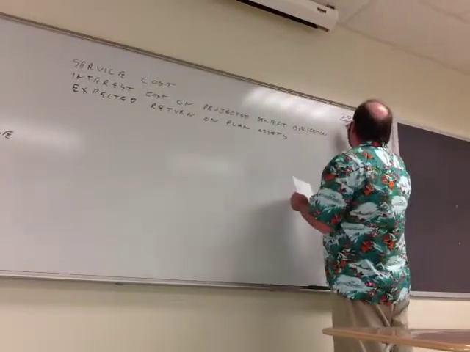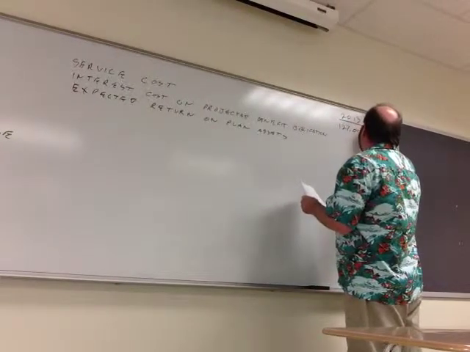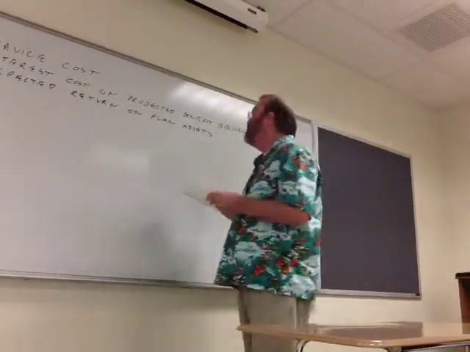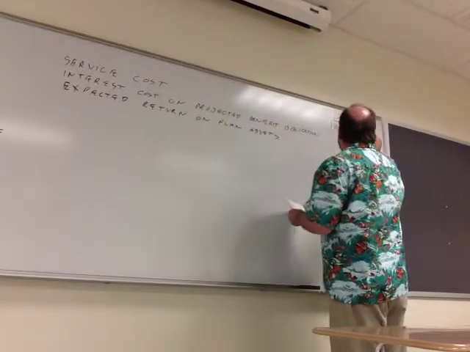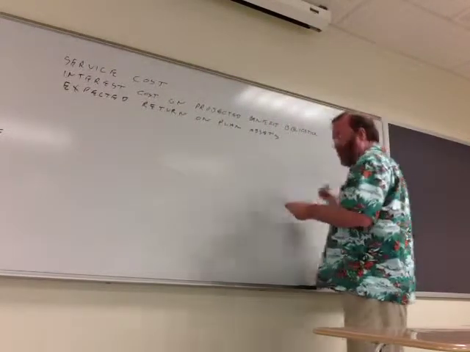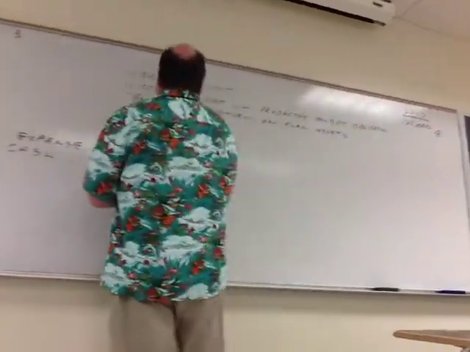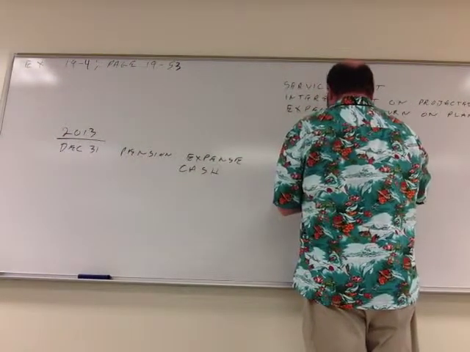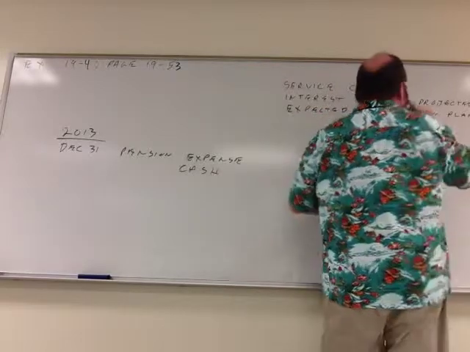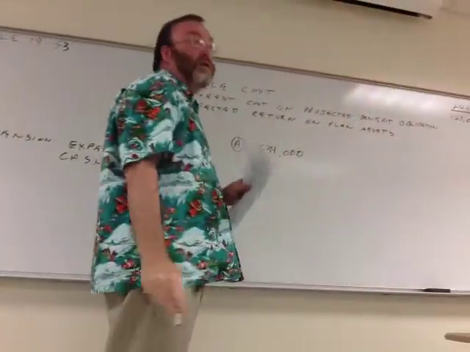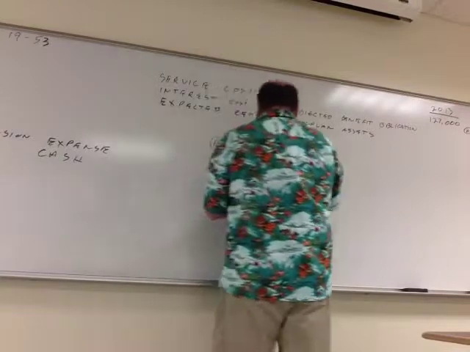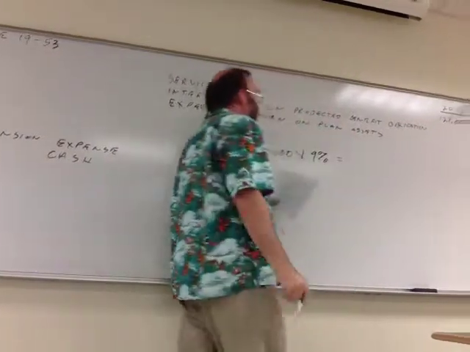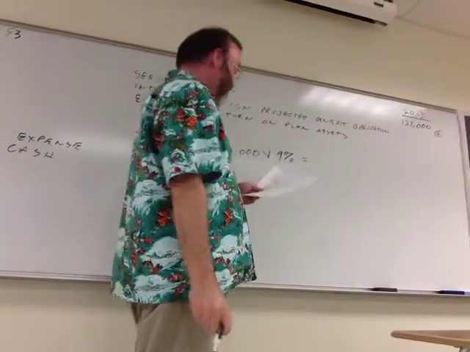So on this one, $127,000 is the service cost. We'll call this A: it tells us that we had $634,000 as a projected benefit obligation with a 9% discount rate.